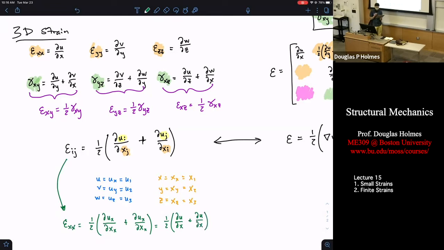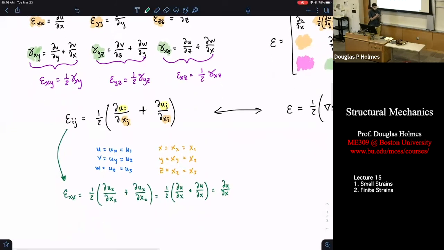And if I take du dx plus du dx, I get 2 du dx. That's not the strain. That's twice the strain, so I take half of that. So that's my strain in the x direction.